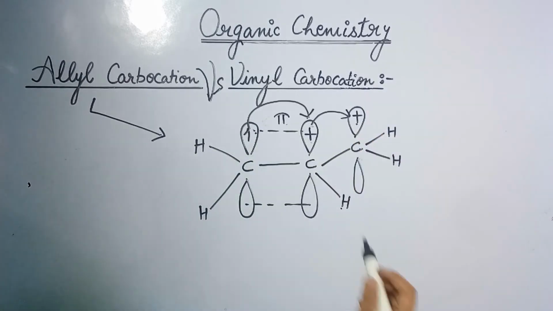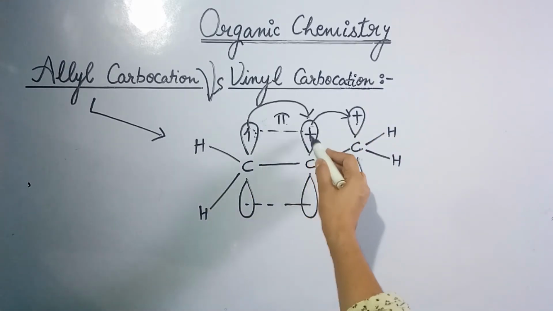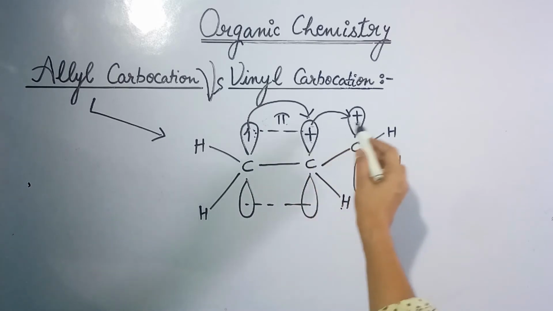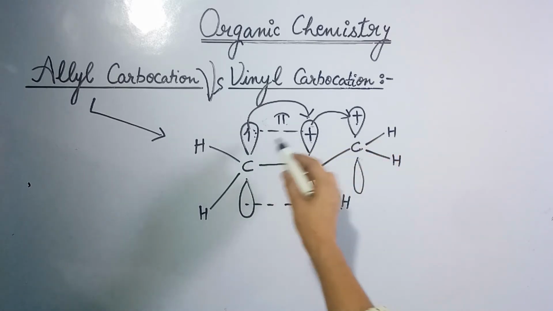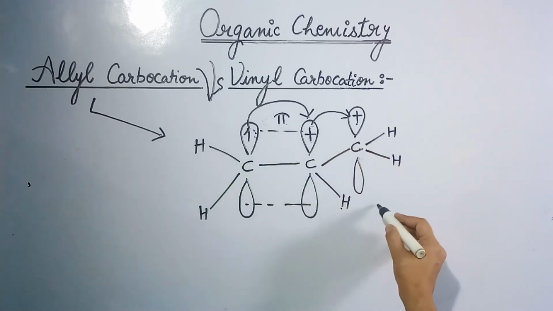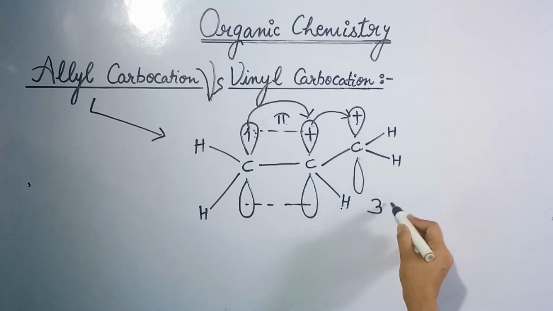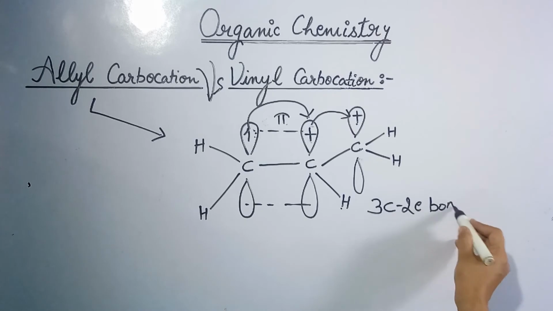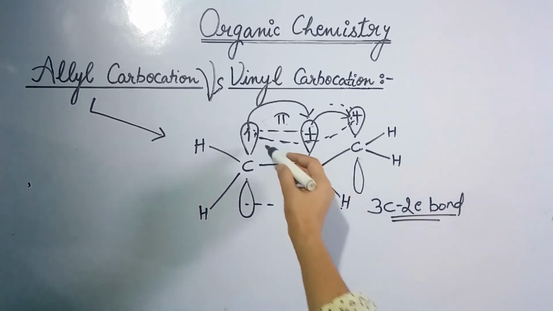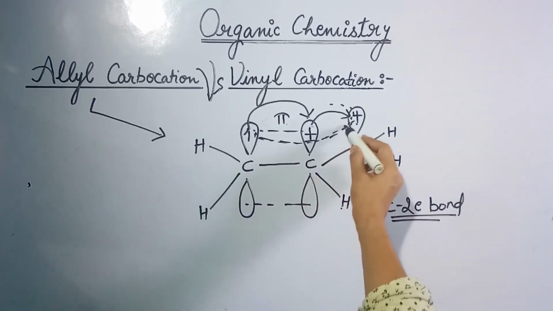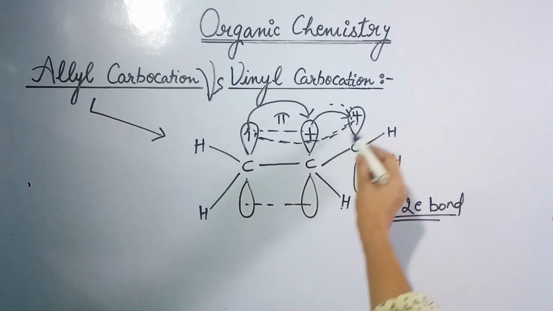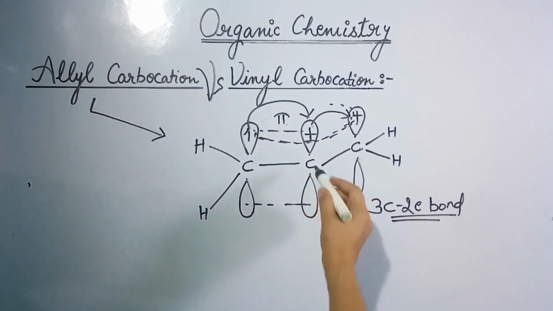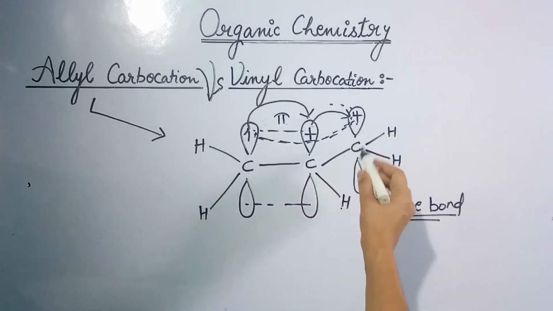In this way these two electrons are taking three positions, three orbitals, and exchanging their energies. So you can simply call it a three-centered two-electron bond. These electrons are continuously taking these three places, and stabilizing the positive charge. So we can say that allyl carbocation gains stability.